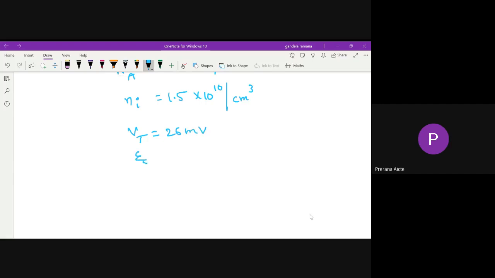Permittivity of silicon is 1.04 into 10 power minus 12.